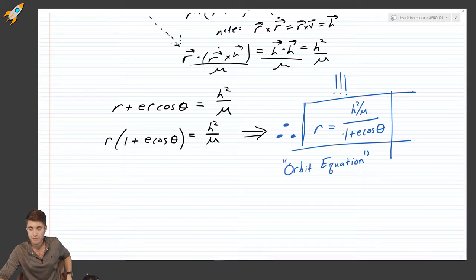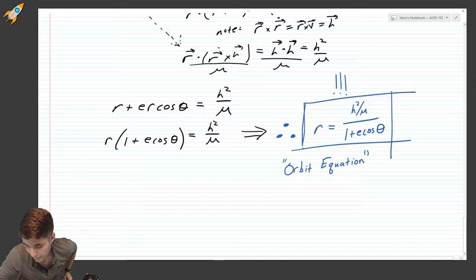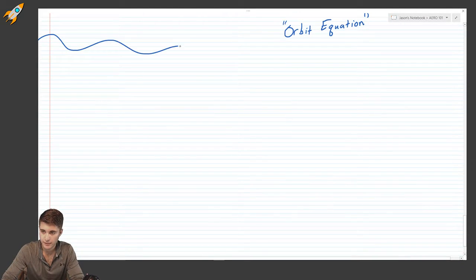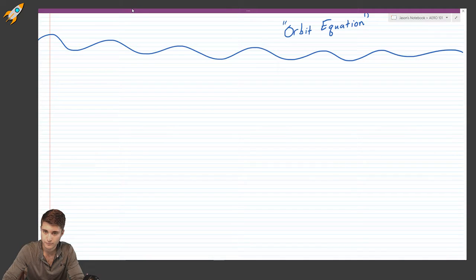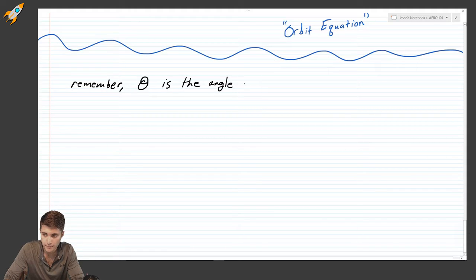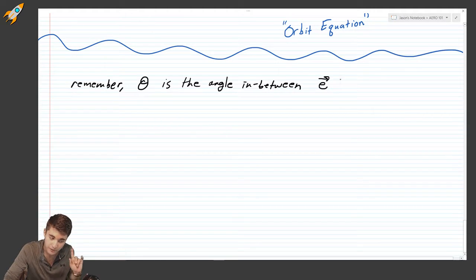Now, if you guys remember this theta, theta is the angle in between what two vectors? It's the angle in between the eccentricity vector, which we know is in plane.